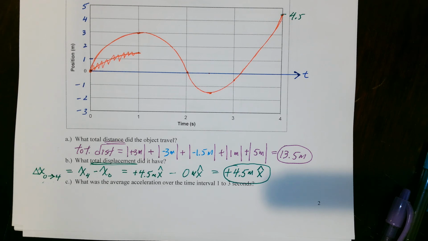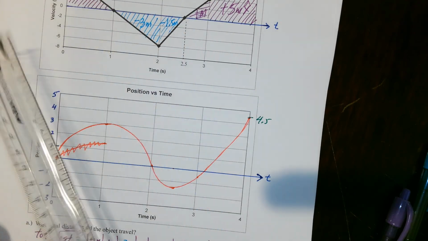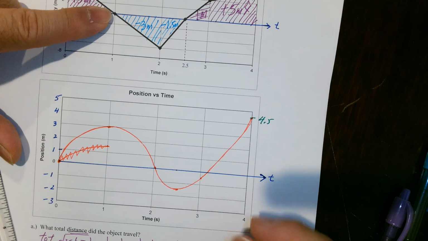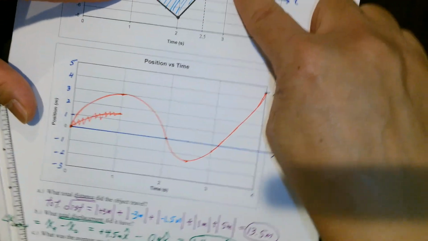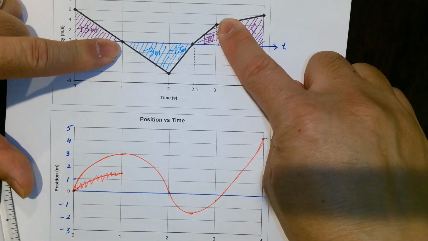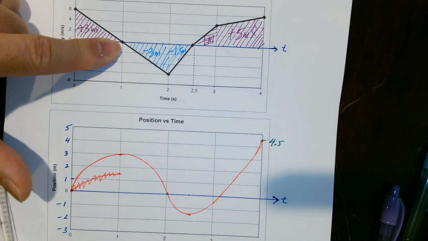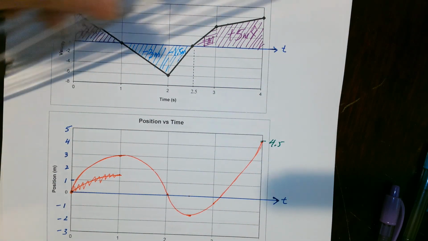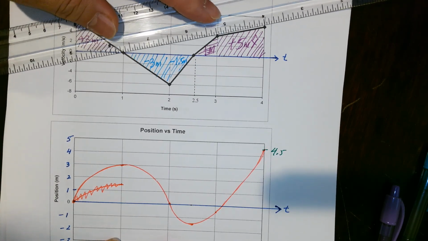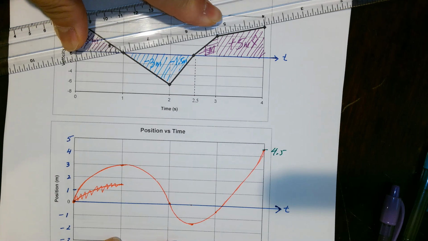Okay, slope of a secant line. So 1 to 3 seconds. You have to find the average acceleration. So find the slope of the secant line. Right?